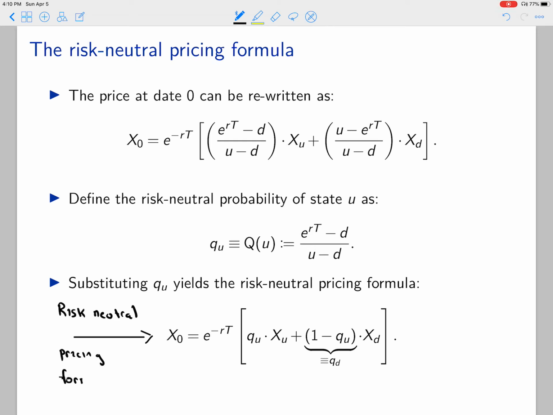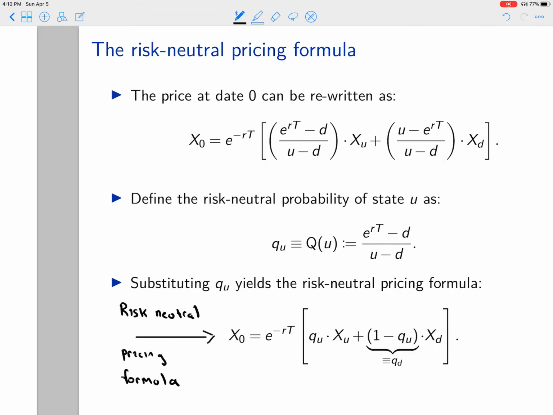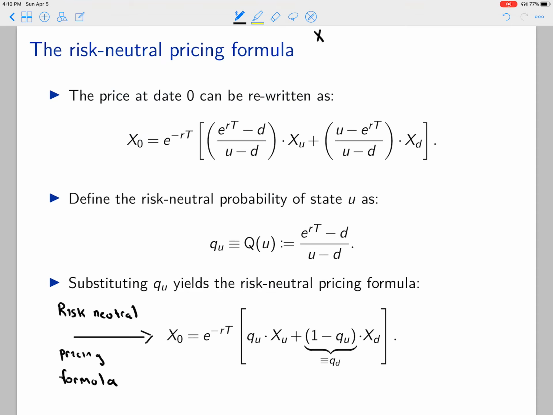To derive the risk-neutral pricing formula, we just use a couple of algebraic tricks. We start by rewriting the price of the derivative from the previous slide, X sub 0. The price of the derivative X sub 0 is equal to the price of its replicating portfolio, delta times S sub 0 plus beta times B sub 0, which is equal to e to the negative RT.